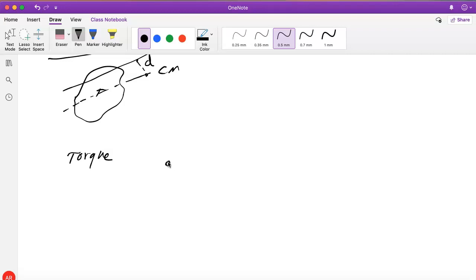So let's say I have an axis here, a distance r away, I apply a force F. Well, I can decompose this force into two components, right? So I can find the component, let's say, in the direction of this vector r from the point where the force is applied to the axis of rotation.